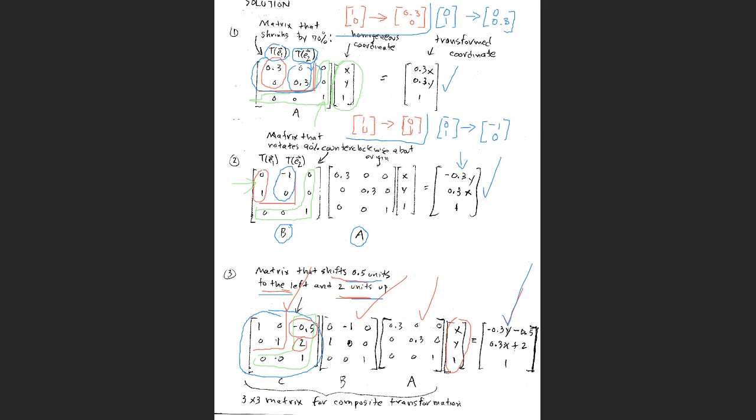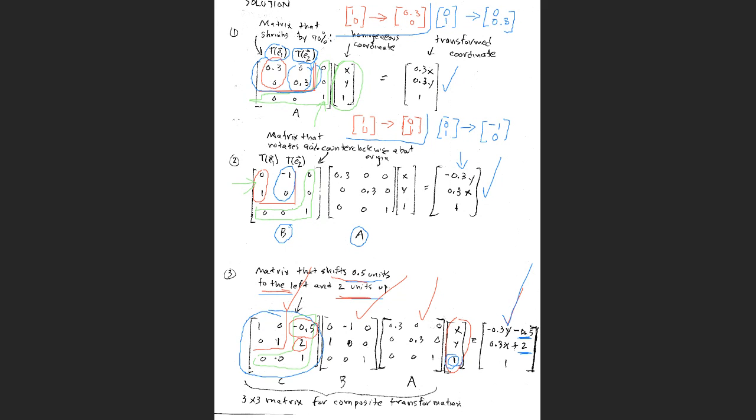And you see, you need the 3 by 3 matrix so you can move the x coordinate 1/2 unit to the left and move the y coordinate 2 units up. You need the 1 here.